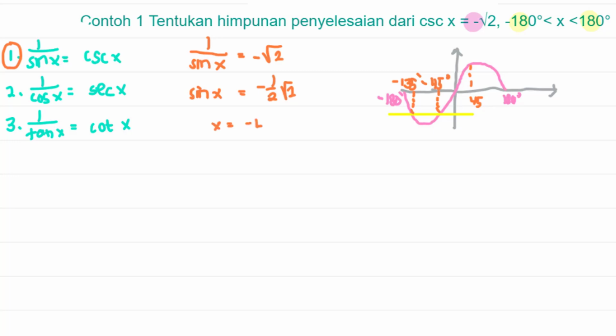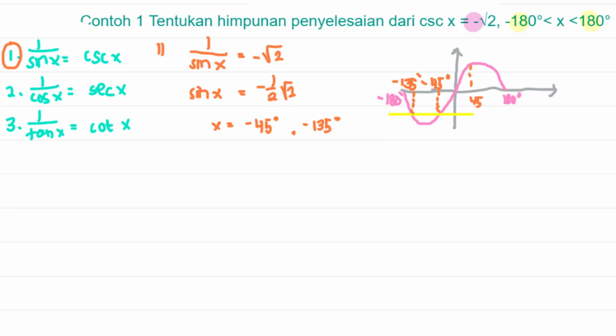From this graph, we found that the value of x in quadrant 4 is minus 45 degrees, and in quadrant 3 it is minus 135 degrees. Okay, that's our solution for this example.